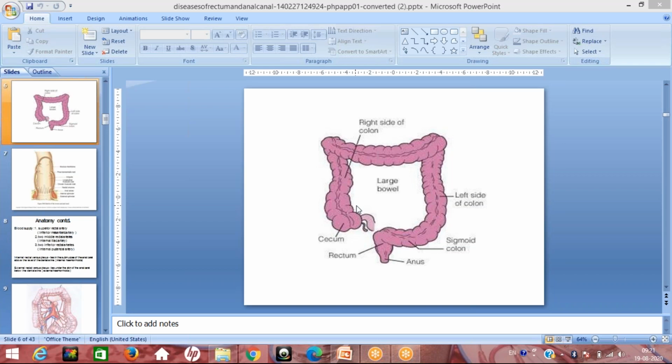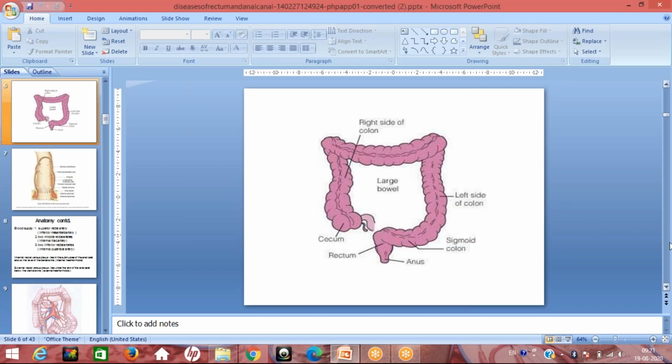Tinea mesocolica means the tinea which is attached to the mesentery of the large bowel. Tinea libera means free. And tinea omentalis is the one to which the greater omentum is attached.